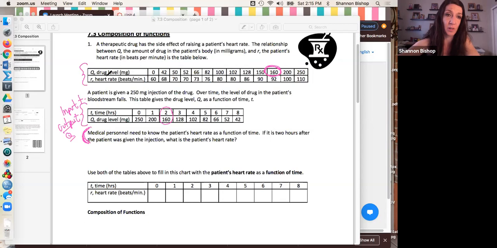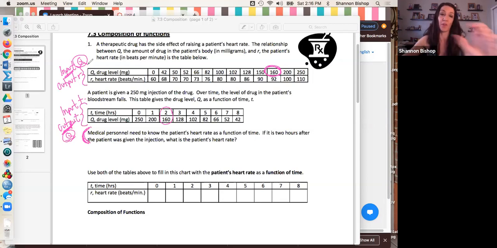In this particular table, the input is the drug level and the output is the heart rate. The output of this table, Q, was the input of that table. There you go. You totally did a composition when you read those tables.